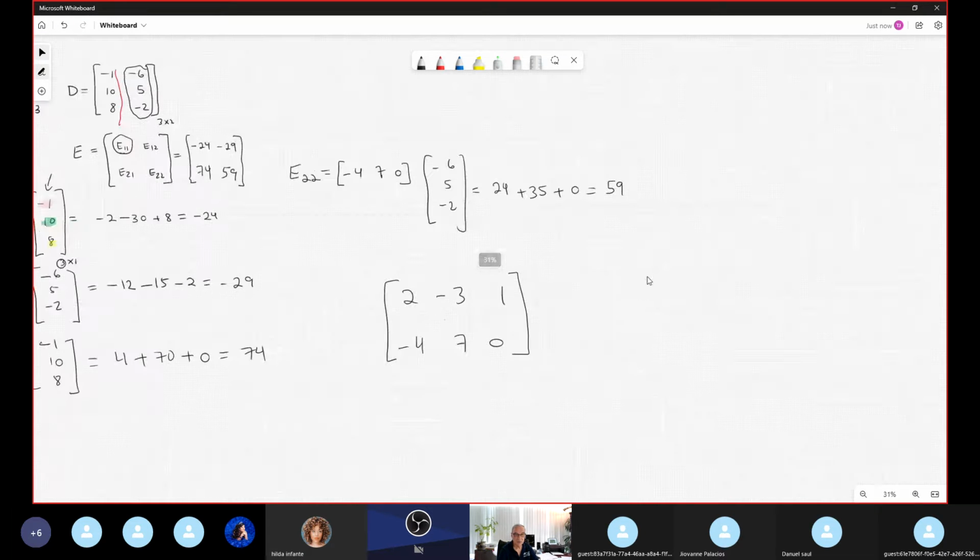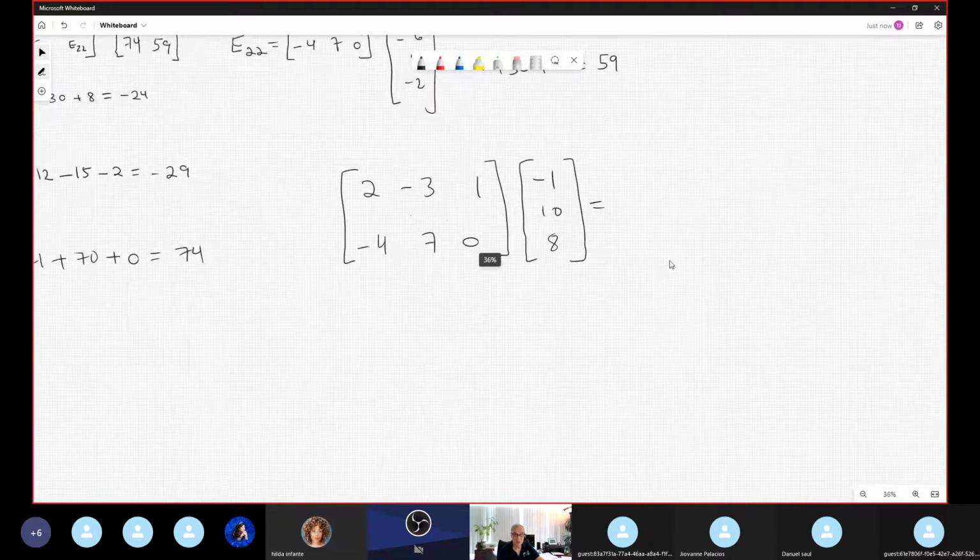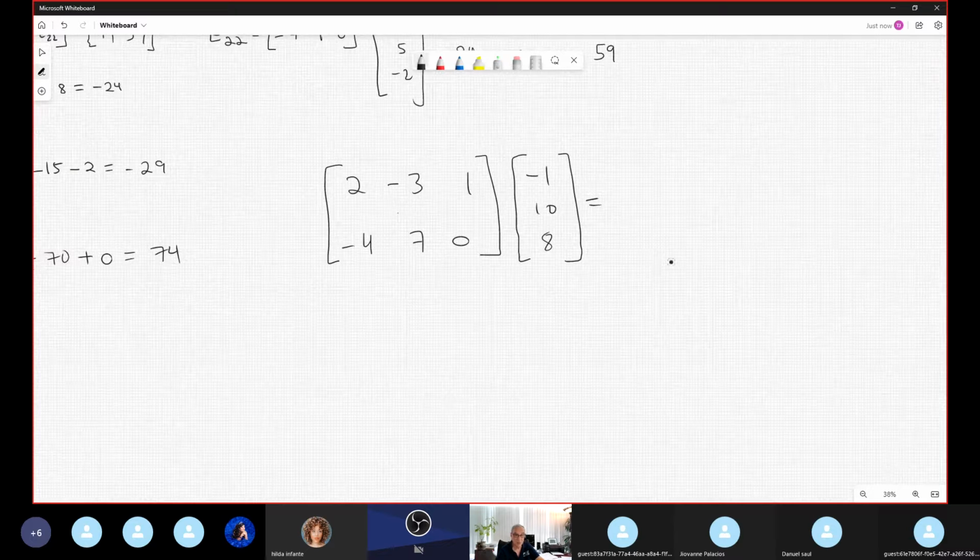Now, instead of multiplying everything, I take a partition. What is the partition? Using, for example, only the first column of the matrix: -1, 10, and 8. First of all, before starting the multiplication, I need to check whether the dimensions match or not. This is 2 by 3, and this dimension is 3 by 1.